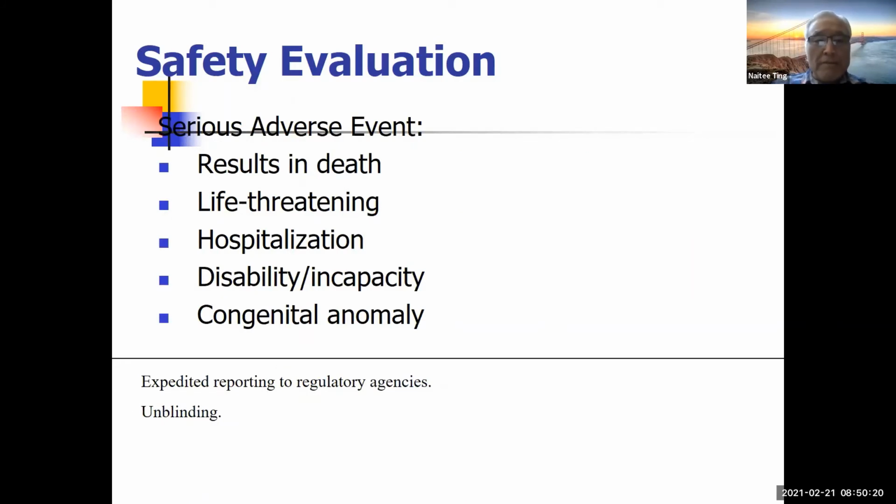All right. So SAE has a special definition. Only under this definition is an event considered an SAE, serious adverse event. Before I get into the SAE, I want to describe what an AE case report form looks like.